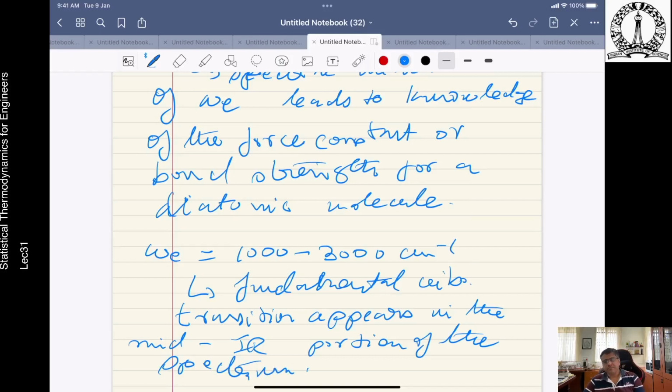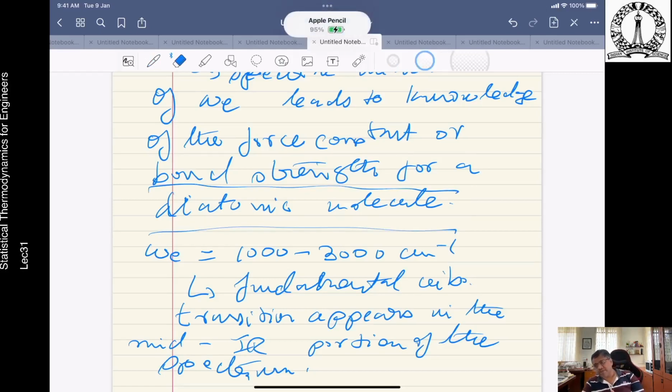We'll see a little bit more on this, why vibration also means rotation and stuff like that. But the fundamental vibrational wavelength leads to the knowledge of the force constant or the bond strength of a diatomic molecule. So in the next class we will see how this vibration and rotation actually coexist, and that will be the subject of the next lecture.